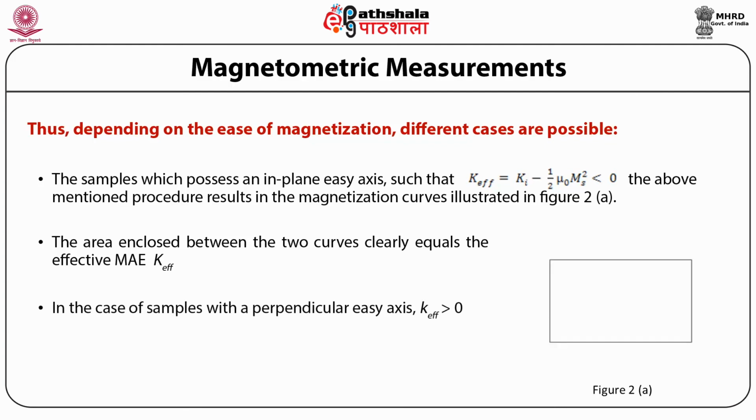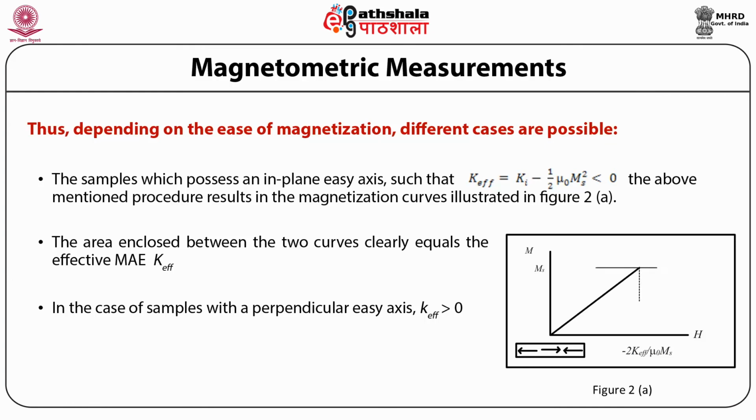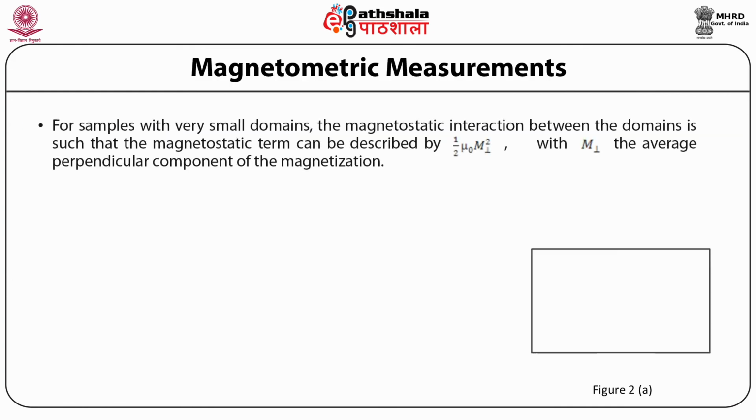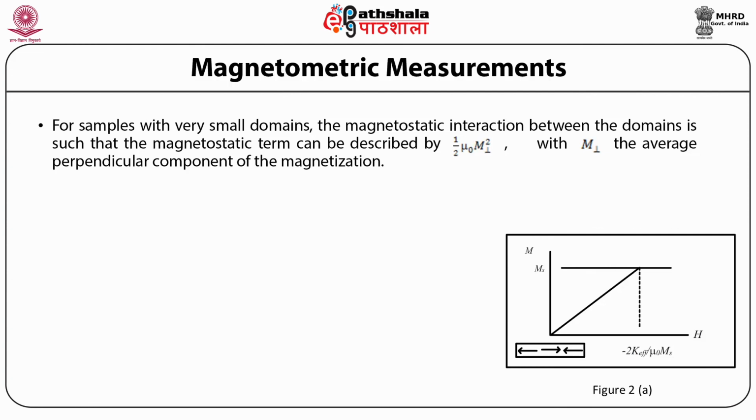Secondly, in the case of samples with a perpendicular easy axis, K effective will be greater than 0. For samples with very small domains, the magnetostatic interaction between the domains is such that the magnetostatic term can be described by half of mu naught into m perpendicular square, with m perpendicular the average perpendicular component of the magnetization.